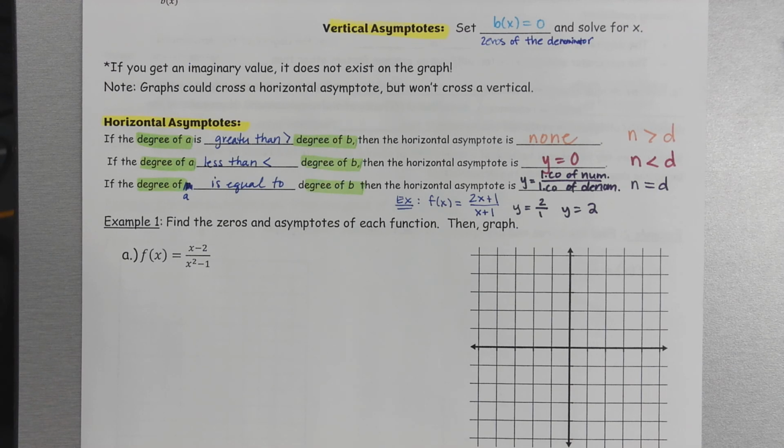Okay, then after you compare the degrees, the numerator is less than the denominator, so I want you to write what that horizontal asymptote is.